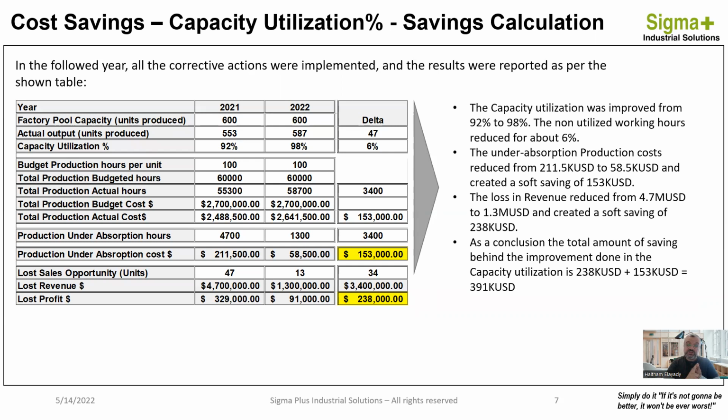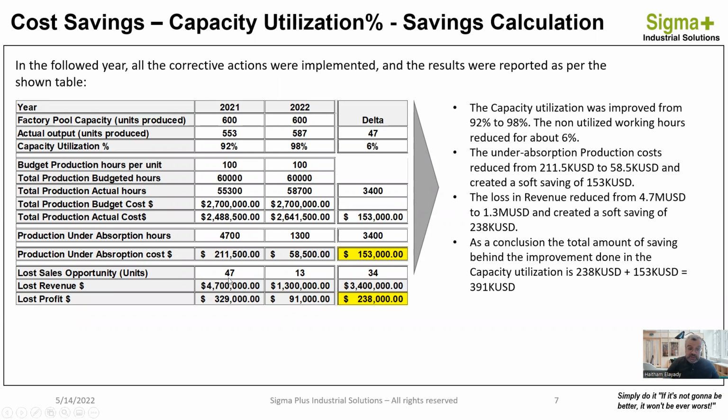You have calculated the soft savings of the under absorption cost, which had reduced of about 3,400 hours.